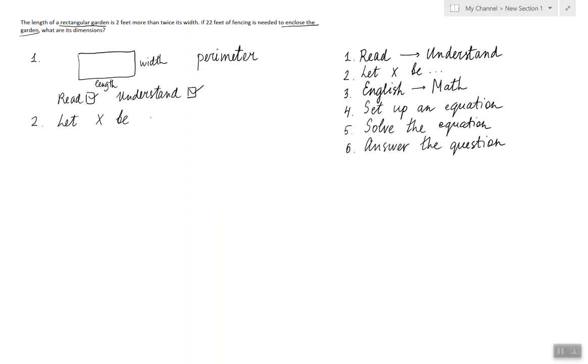And here you can kind of see that if we let x be the width of the rectangle, then, and here goes step 3, translation. So what does it mean to be 2 feet more than twice its width?